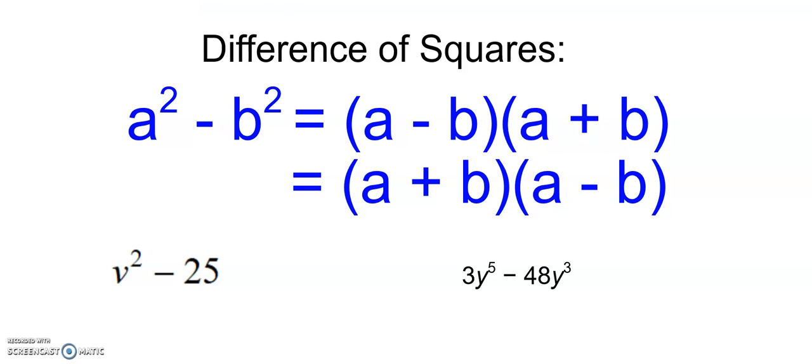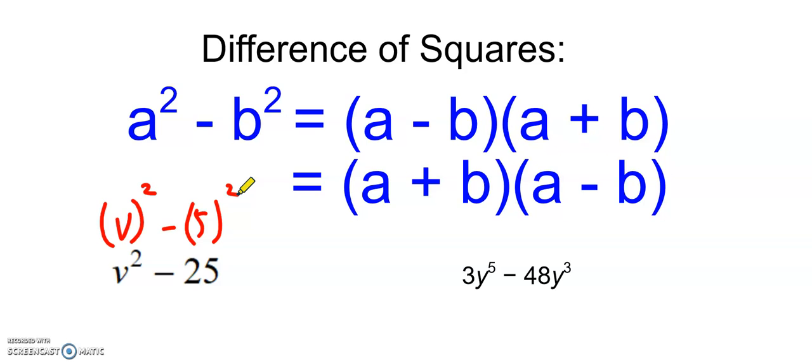Let's look at an example here. I've got v squared minus 25. V squared is obviously a perfect square because it is literally something squared. 25 is a perfect square. I know that because it's 5 squared. I don't need to write this, I'm just trying to show you. This is v squared, and this is 5 squared.